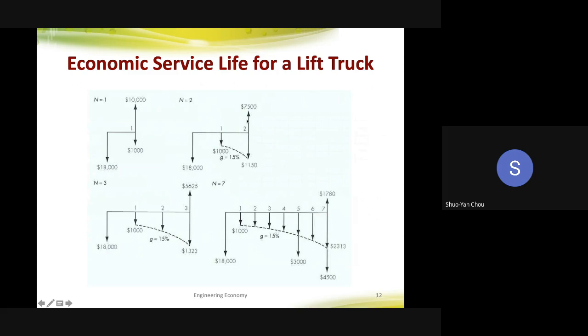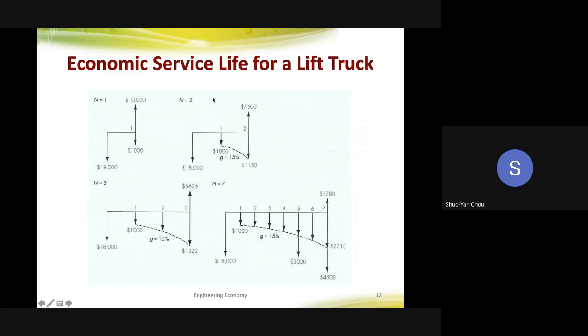Capital costs, well, not exactly the same, but capital cost, this is the investment. This part will not be the same, but the salvage value will get lower. Okay, salvage value will get lower. You see that lower, so that will influence the numerator of the capital cost as time goes by.